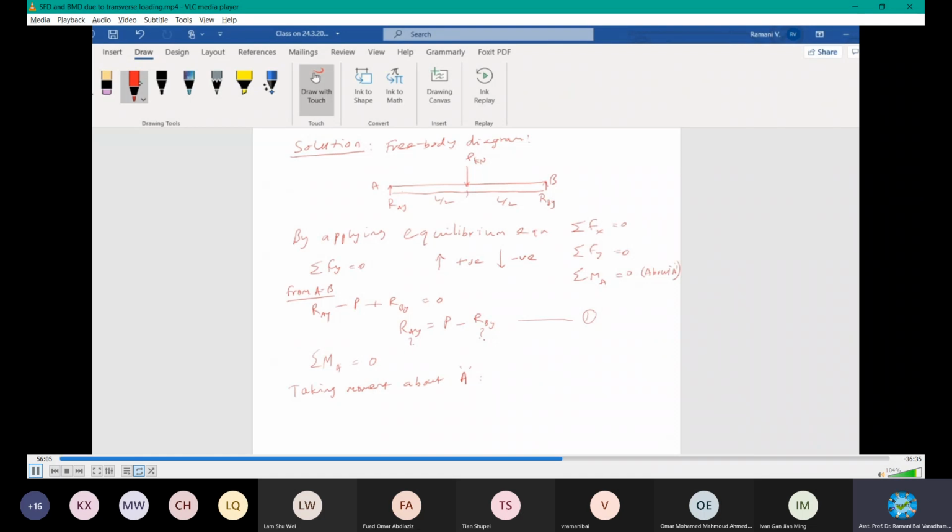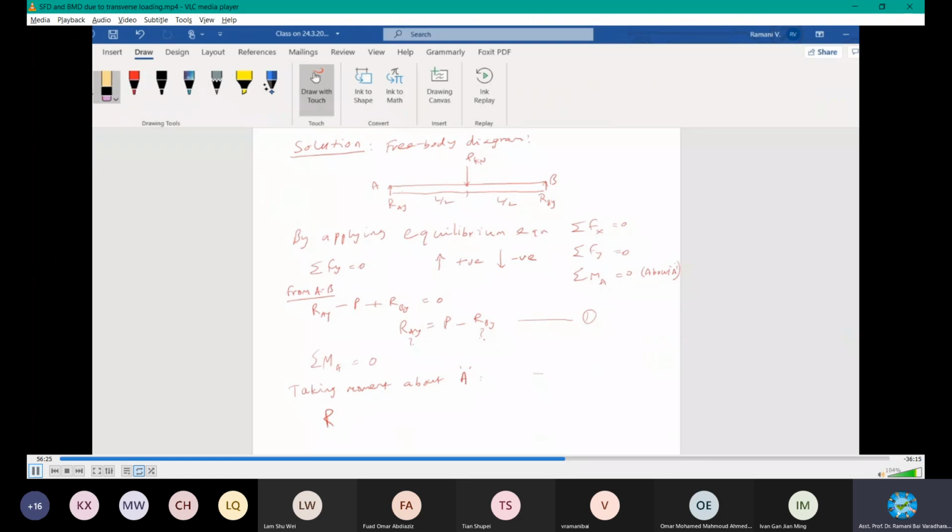So follow the value from A to B. You're taking about A, so you come from right to left, from B to A, because you are solving for A.